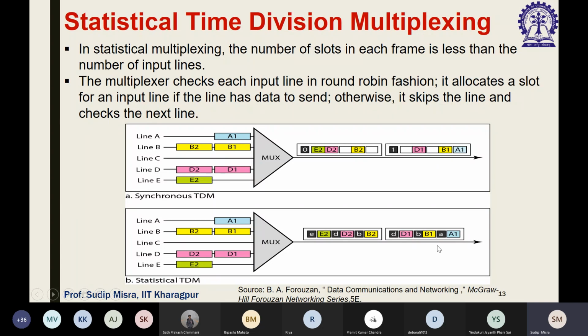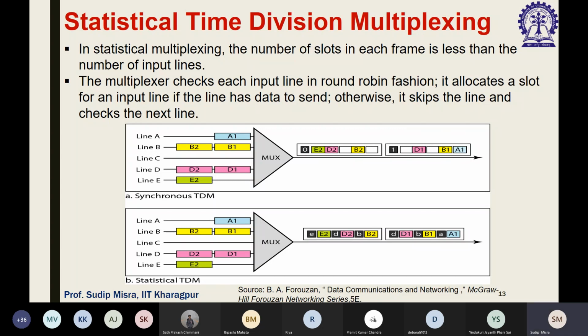So for that, the proposition is that you use a small header, small a, small b, and small d correspond to small headers identifying which line this particular frame belongs to. Now you might think that although it solves the problem of empty slots and inefficiency encountered in synchronous TDM for certain types of traffic, how does it solve the problem overall, because you are introducing some headers?